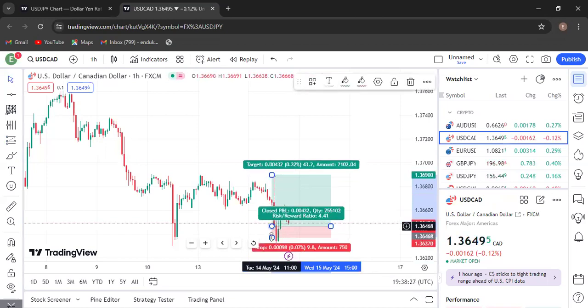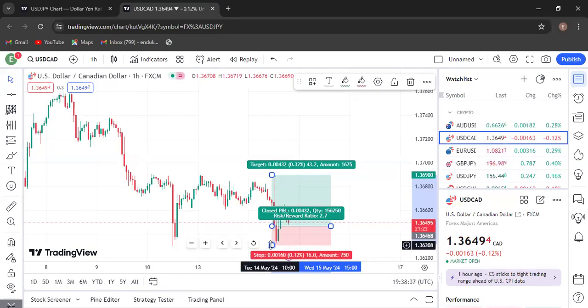So I'll place my stop loss below the pattern, this double bottom pattern that was formed here. So this is telling me that if I take my trade here, my stop loss will be 16 pips. You can see this 16 that is here.